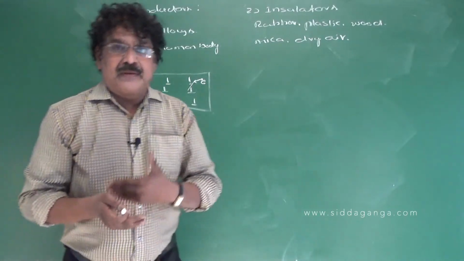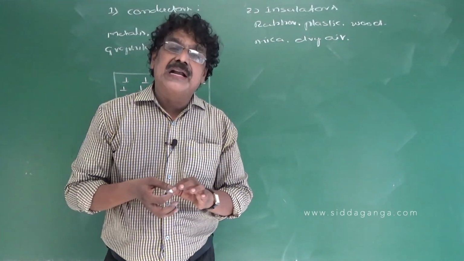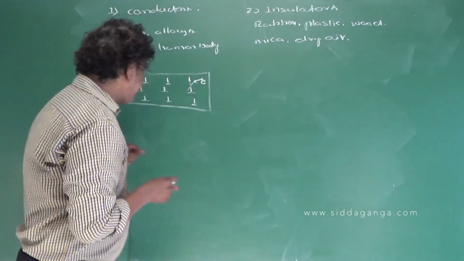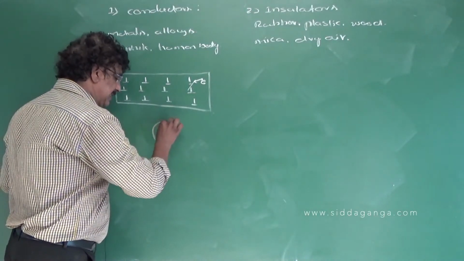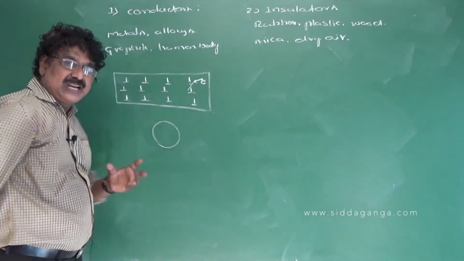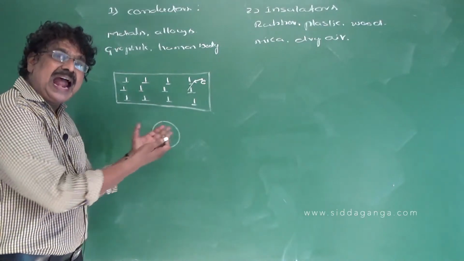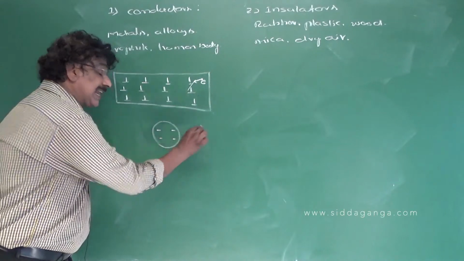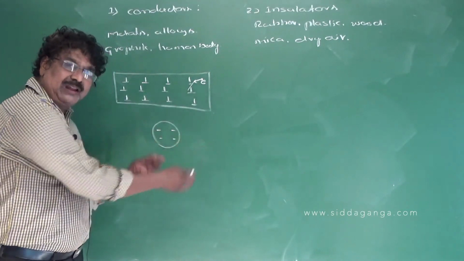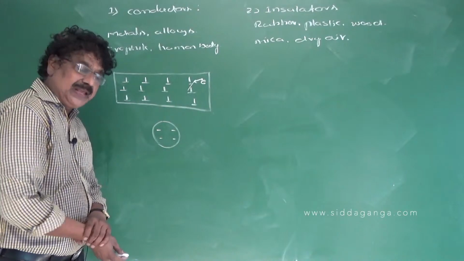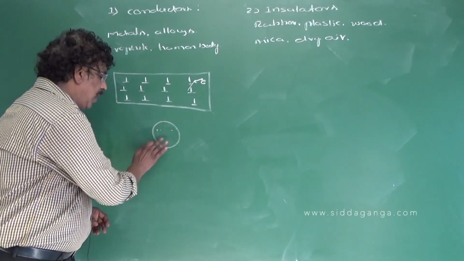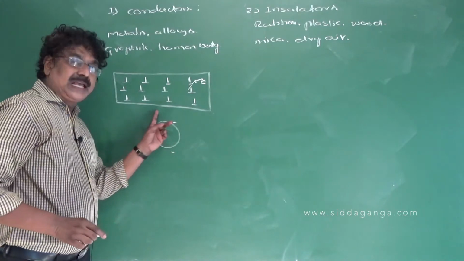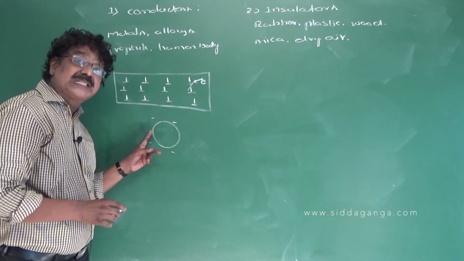Now conductors and insulators can both be charged. Suppose we have a metallic sphere, say a shot put. If we add some electrons, say 4 electrons, there is a mutual force of repulsion between them. Therefore, they move away from each other and come over to the surface of the sphere.